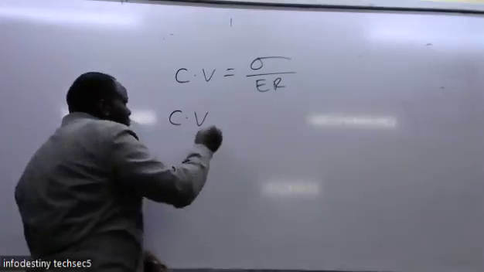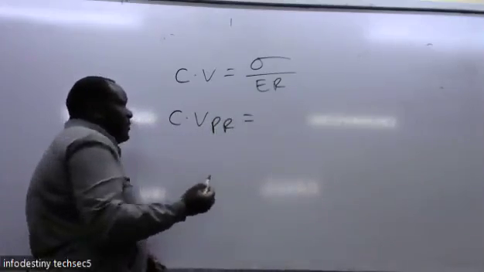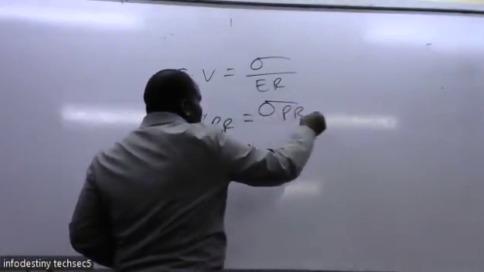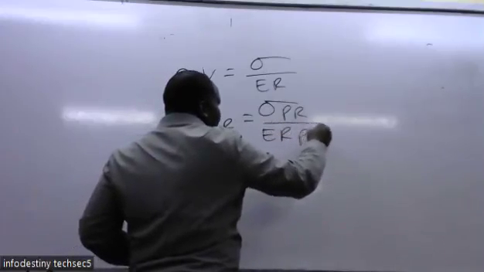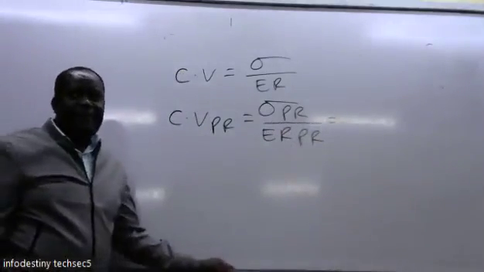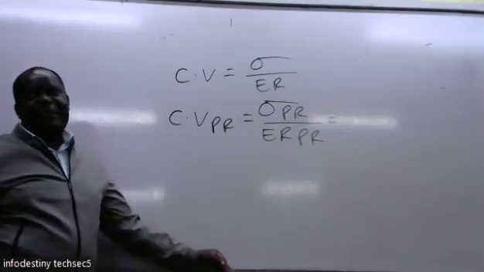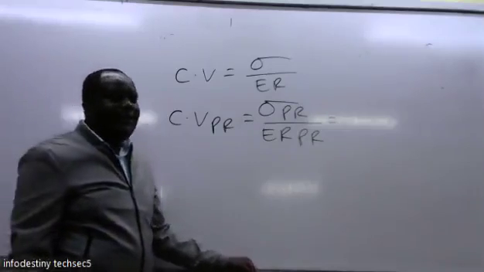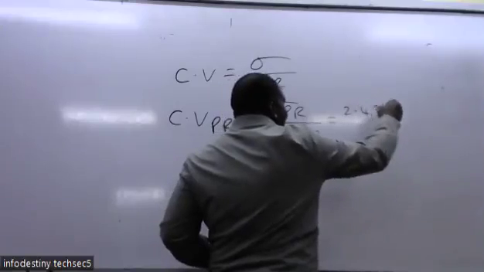The coefficient of variation of PR is given by the standard deviation of PR divided by the expected return of PR. We calculated all of them in your notes under PR in the Roman letter 1. What was the standard deviation? 2.42.